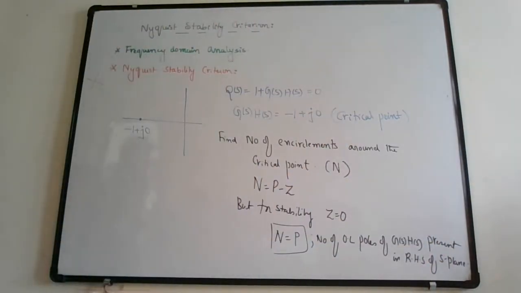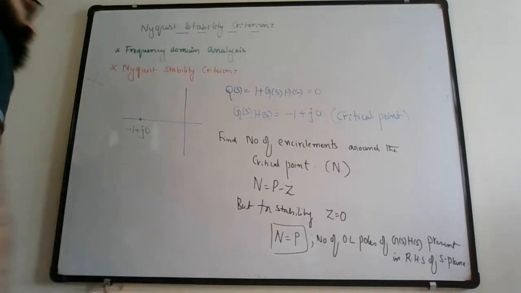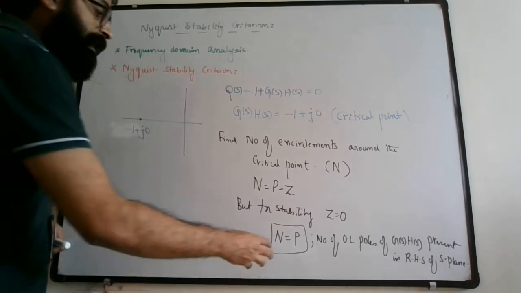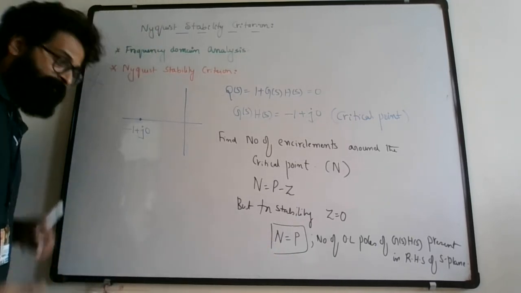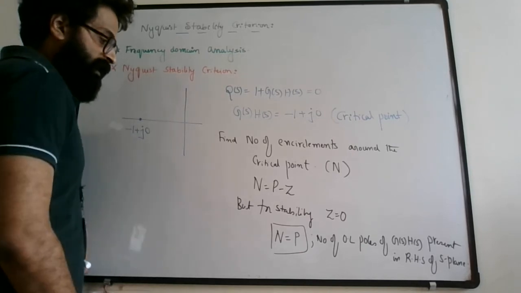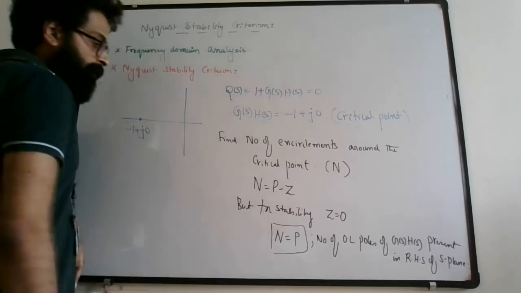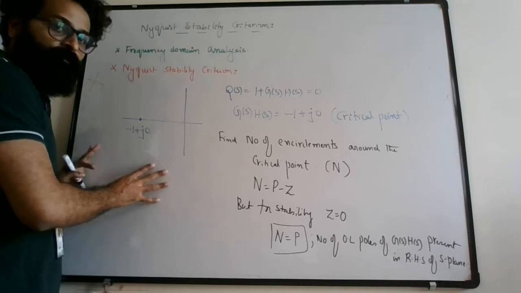This is how you can find the number of encirclements analytically. But later on, you will have to confirm that N is equal to P can also be obtained from the graph.